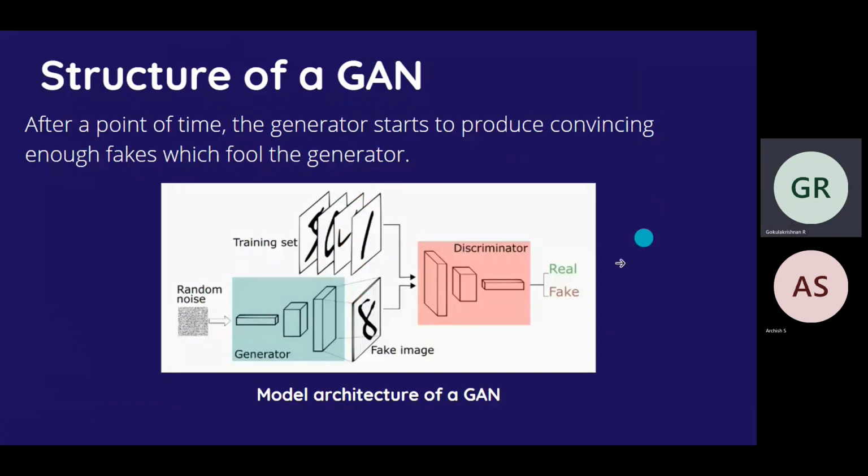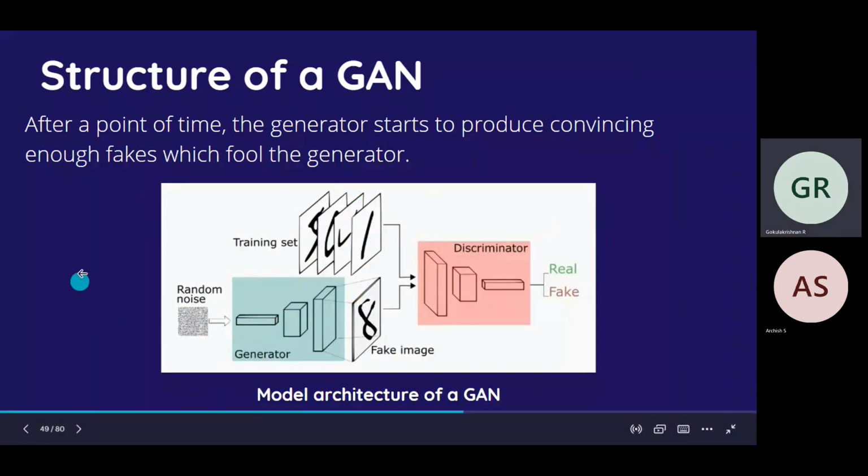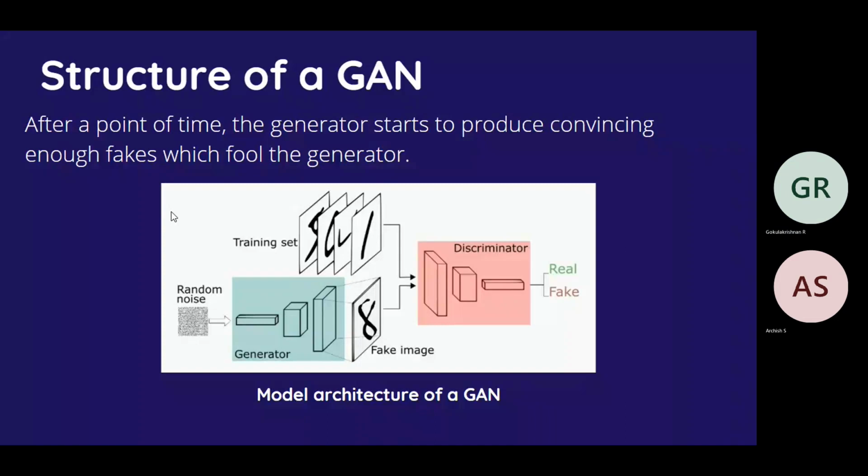This is the architecture of a GAN. As shown here, these are the real images which belong to the training set, and this is the fake image generated by the generator. When any image is inputted into the discriminator, it classifies that image as either real or fake.